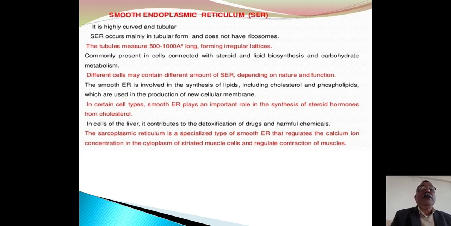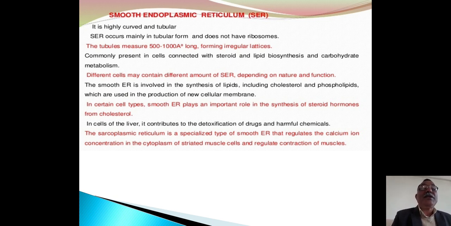Smooth endoplasmic reticulum occurs mainly in tubular form and does not have ribosomes. The tubules measure 500 to 1000 angstrom in length, forming irregular lattices.